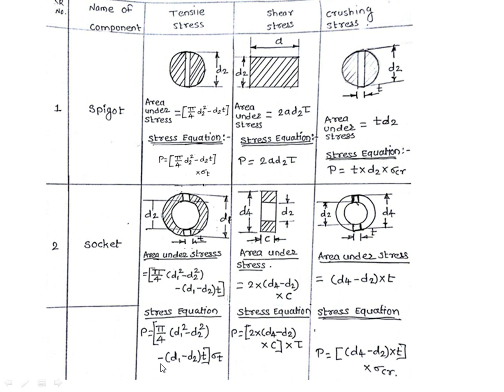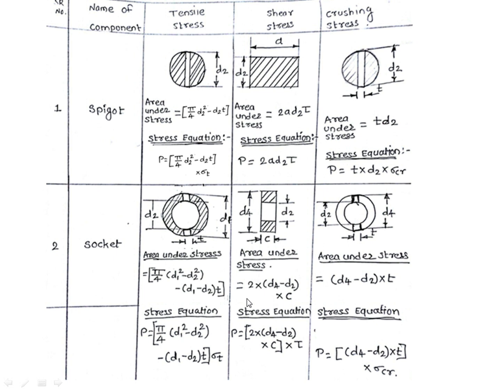Ultimately, the strength equation for the socket subjected to tensile stress will be load equals area into stress. That means P equals pi by 4 d1 square minus d2 square minus d1 minus d2 into T, multiplied by sigma T. Here d1 minus d2 into T is the area of hollow portion which got subtracted.